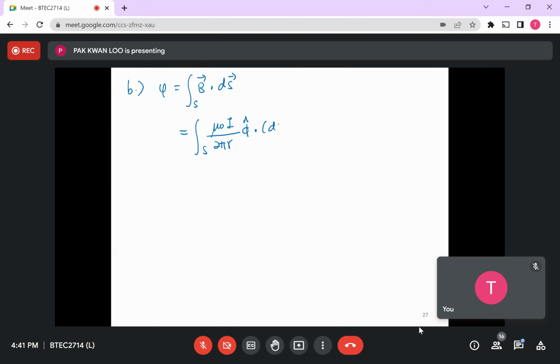The normal direction of the surface will be phi cap as well. So r is from 2 to 6, and then the height is from 0 to 4.